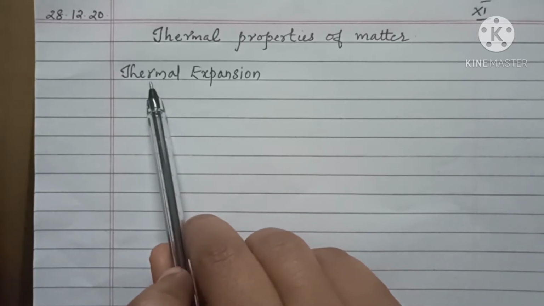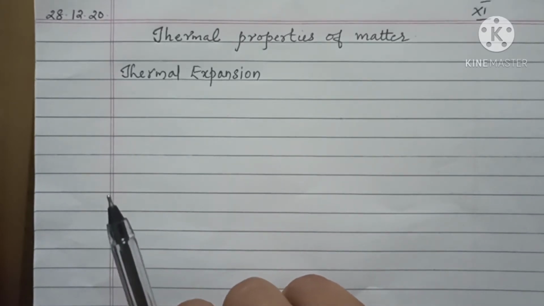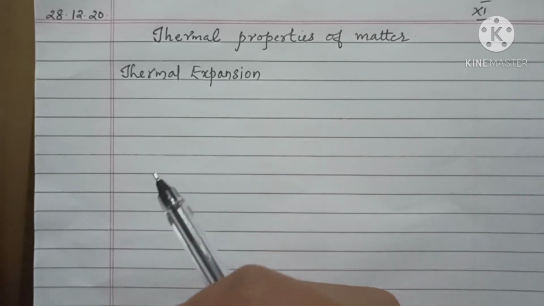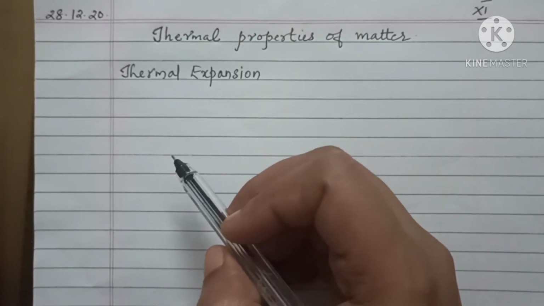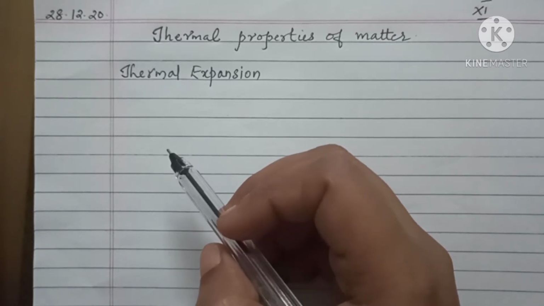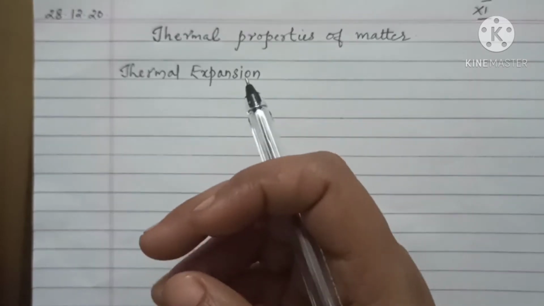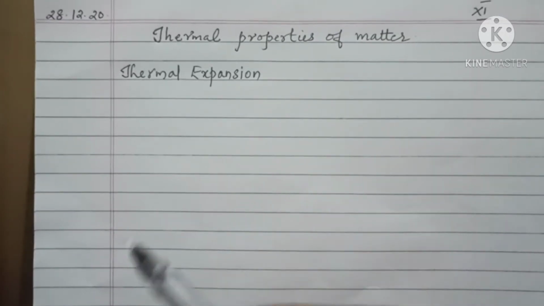Clear? So we are applying certain temperature like heat, thermal in the sense heat. Then after applying this heat, it will change the dimensions. Dimensions can be length, then area and volume. Understood?